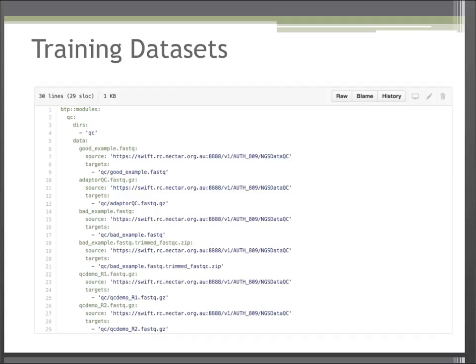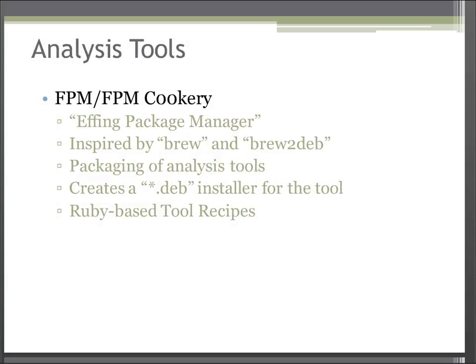Like I briefly mentioned regarding the tools that we are using for the training, we are using FPM system for automated creation of installers for each one of these analysis tools.